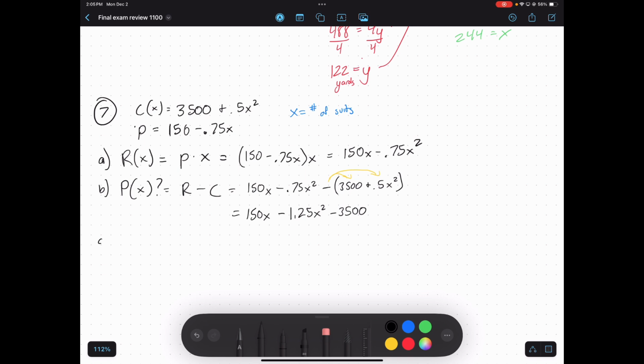Part C. How many suits must the company produce and sell in order to maximize profit? So does this count as an optimization problem? Absolutely, because I'm maximizing profit. That counts as optimizing. So if I want to maximize profit, what do I need?